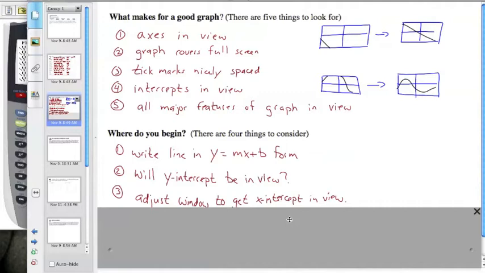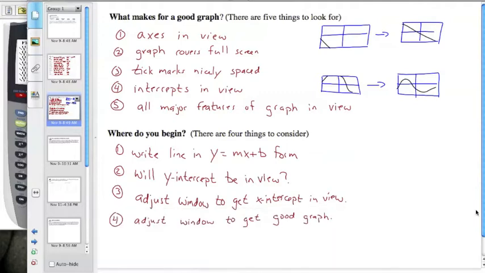And then finally, after we get the intercepts in view, we also want to adjust the window to get a good graph. And what do I mean by a good graph? I mean all of these things up here. All of these things are what make a good graph. And down here are the 4 steps that we're going to take to get that done.